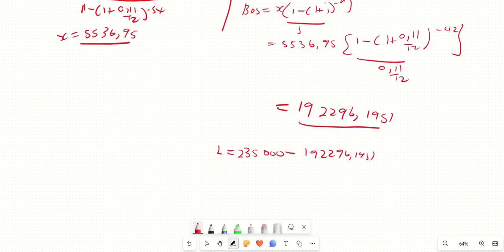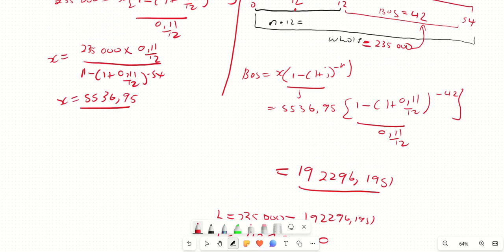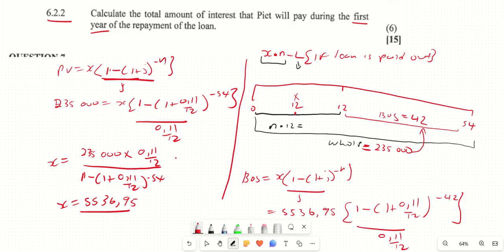In this case, L is equal to 42,703.80. This is the L here, so we'll come back here. That's how we get the L.